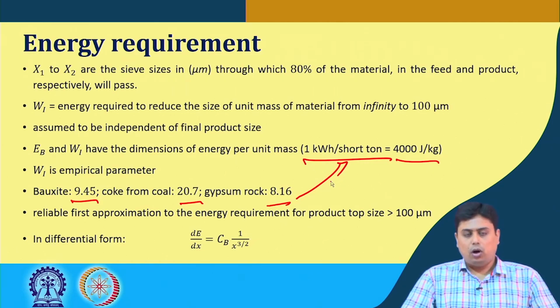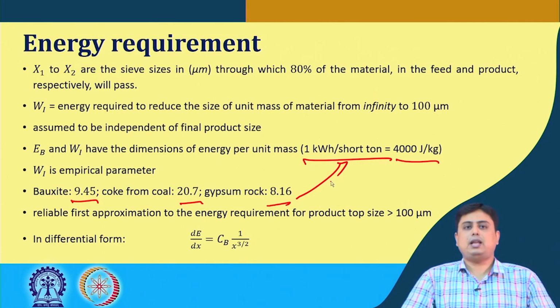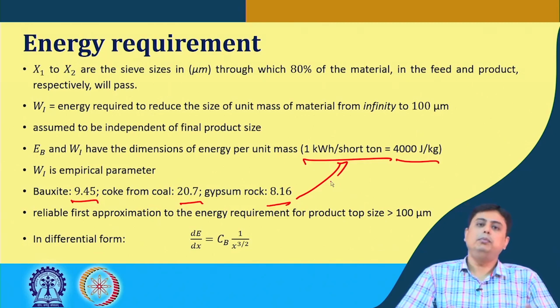So Bond's law provides a reliable, fast approximation for the energy requirement for product size not less than 100 micron. In fact, most practical industrial applications handling solid particles work in this range, not below 100 micron or so.